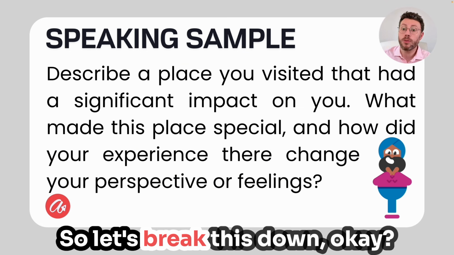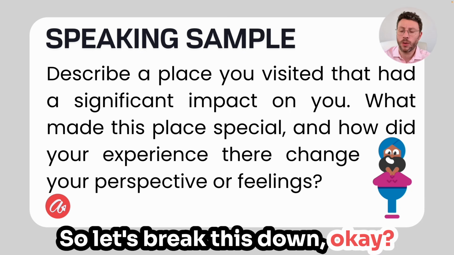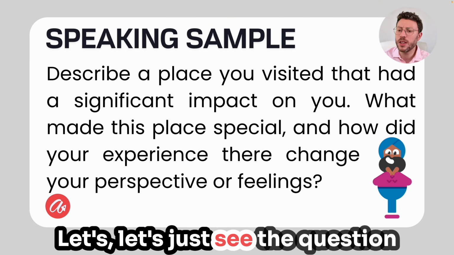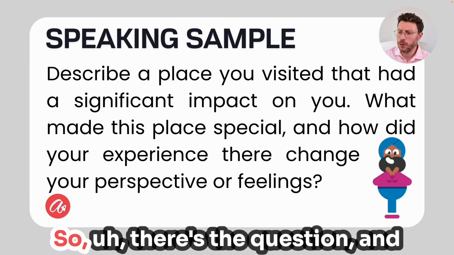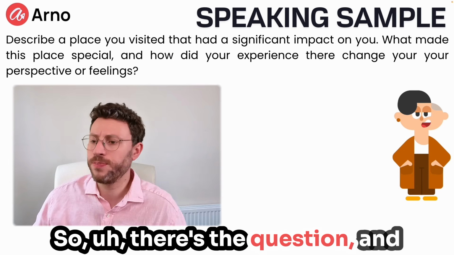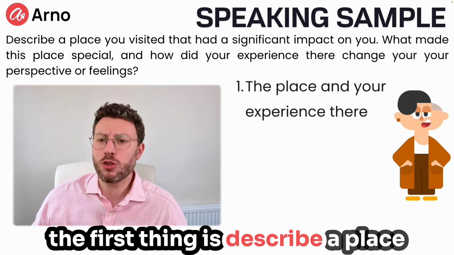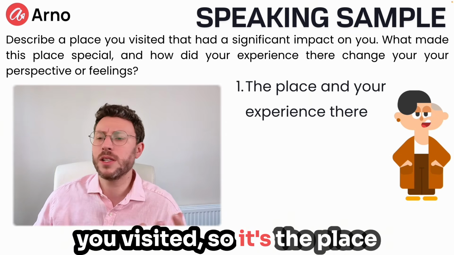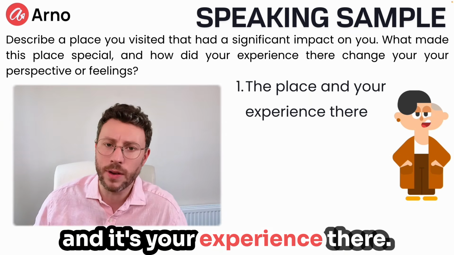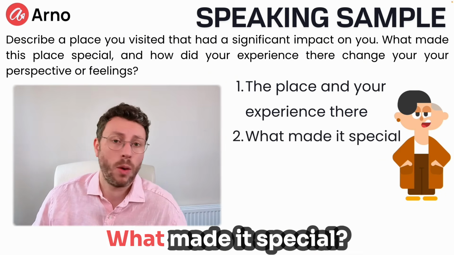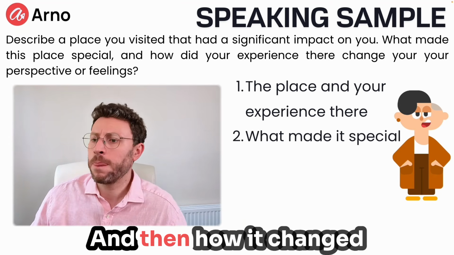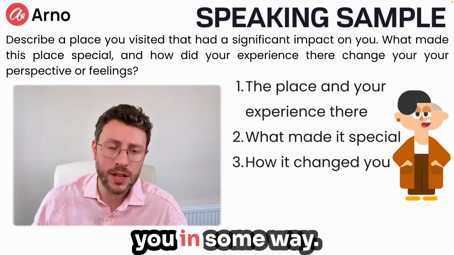So let's break this down. Let's just see the question in its main parts. The first thing is describe a place you visited. So it's the place and it's your experience there. The second part, what made this special? And then how it changed you in some way.